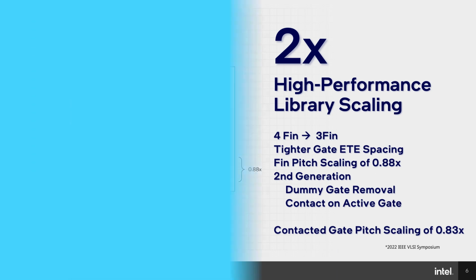So it's like you're reducing your area, right? Yes. Before, you had to put it outside, now it's directly on top, so it's less area. Exactly. The contact was sitting out here, here's the gate, and then I can drop it right on top of it. So then I chop the cell at the edge now. We also were able to pitch scale both the fins and the gates.